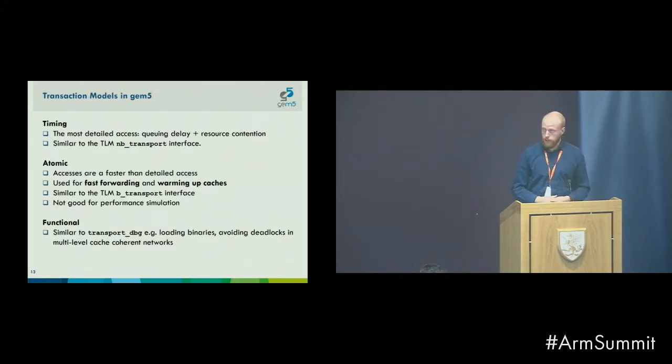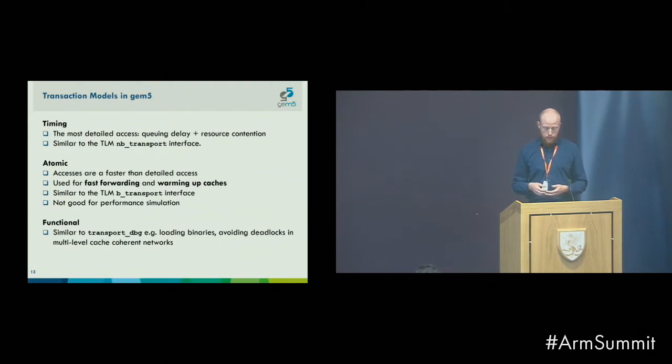Okay, so let's have a look at transaction models in Gem5. As Matthias already mentioned, there are the timing, atomic, and functional models. And these correlate very well to the interfaces that we have in SystemC TLM. So the timing model in Gem5 is very accurate. It provides a lot of timing details.